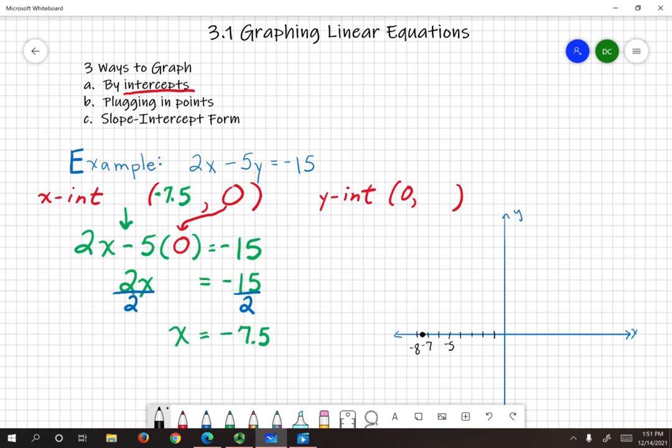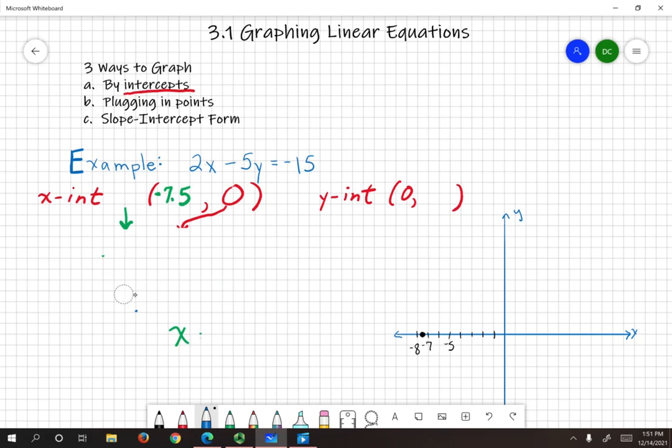Now let's do the y-intercept. So to find the y-intercept, I'm going to do 2x minus 5y. I don't have room here. I'm going to move. I'm just going to erase this, anticipating running out of a lot of room. So let's plug it in here. So 2x minus 5y equals negative 15.